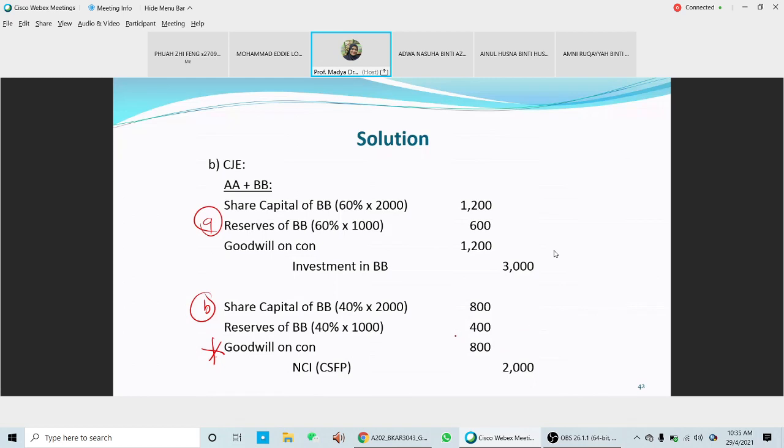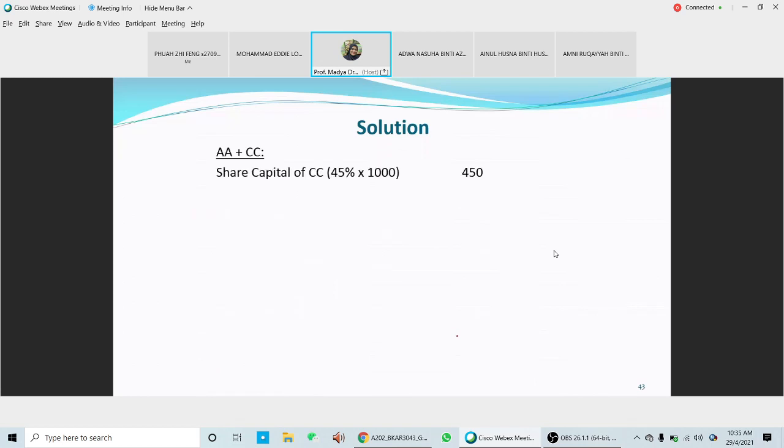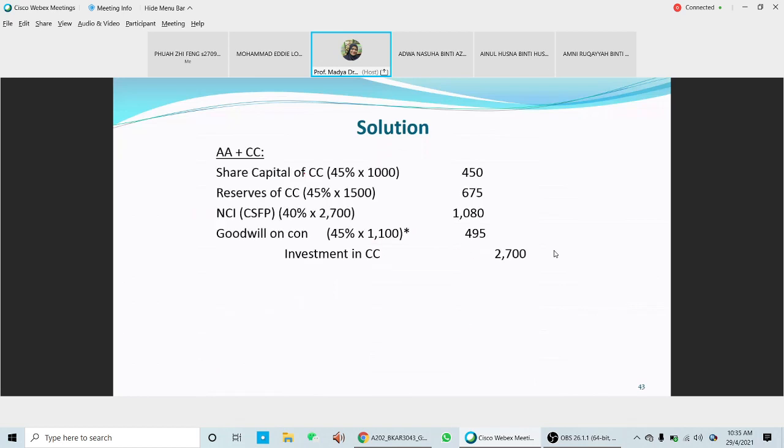Okay, now look at A and C. For A and C, we are using the indirect interest of 45%. So you're going to have the same journal entry for the parents, like the one that you have for the proportionate net asset. The amount of goodwill here is only 45% of 1.1, so you're going to have 495.